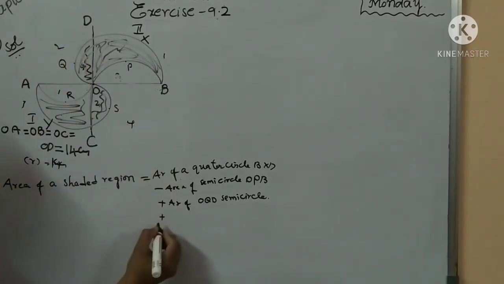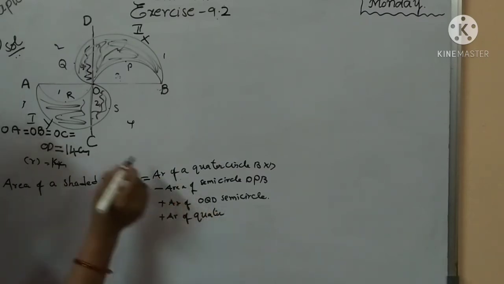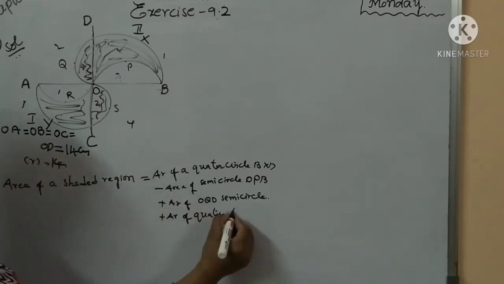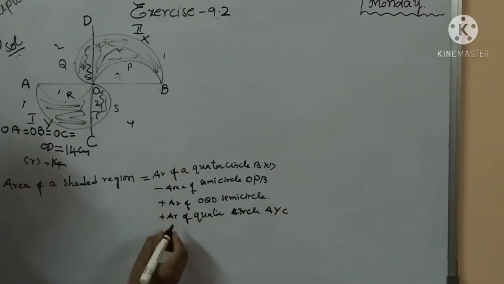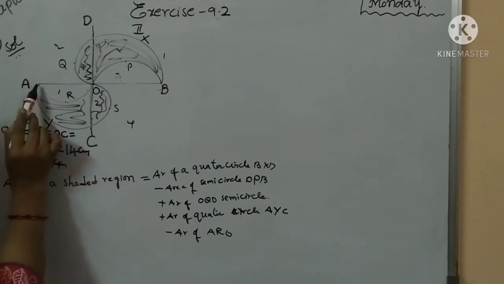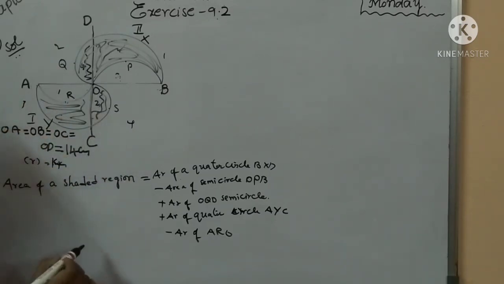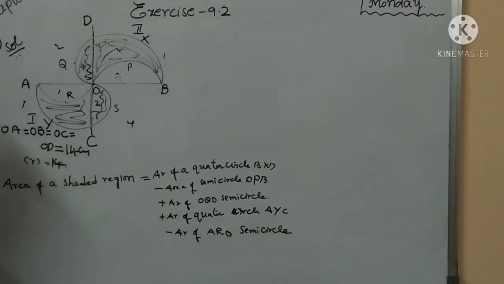Next, plus area of quarter circle AYC, minus area of semicircle ARO.